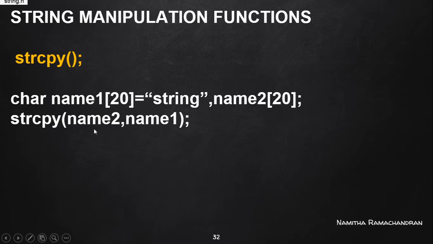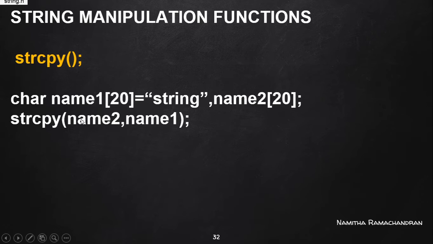So while displaying the content of name2, it displays the same value available in name1. It copies content from this to this. This one acts as the source and this one acts as the destination.